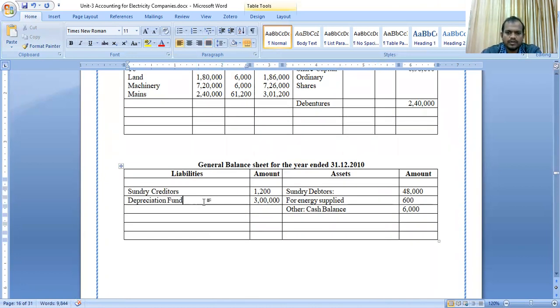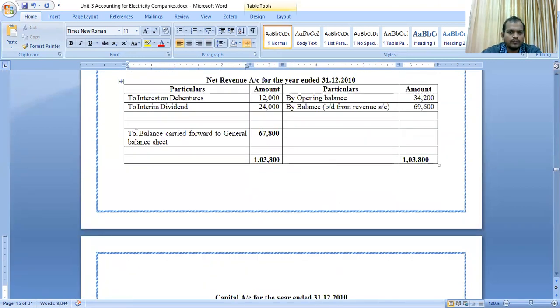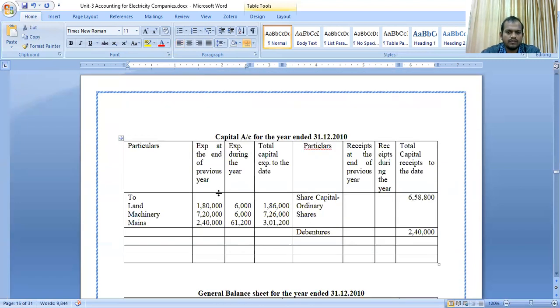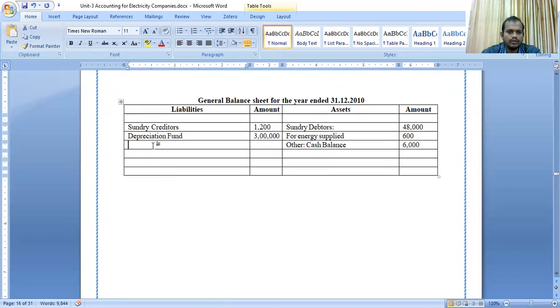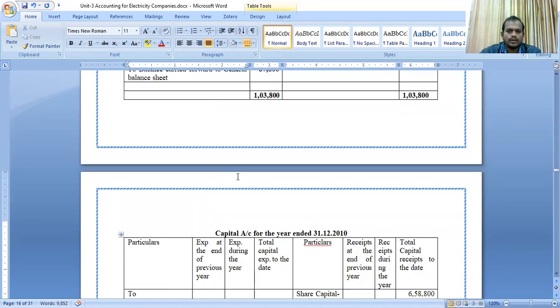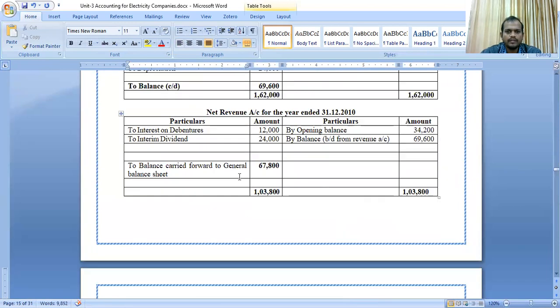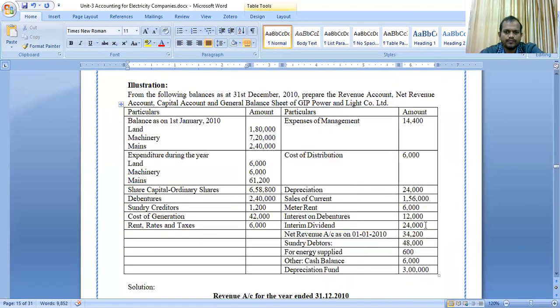So depreciation fund. So another thing is net revenue, the balances from the net revenue account. It is 67,800. We have to show it in the general balance sheet. Okay. So there is no item left in the given information.